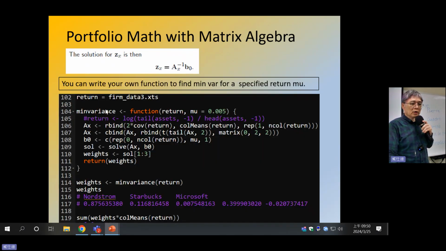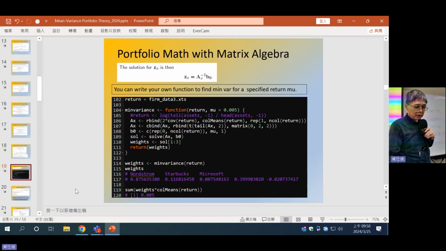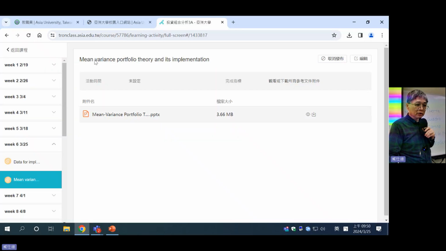So here are some codings for your reference, because I just use a data called ferndata3.xts. But I have uploaded the data to the Tron class, so that you can also download the data.